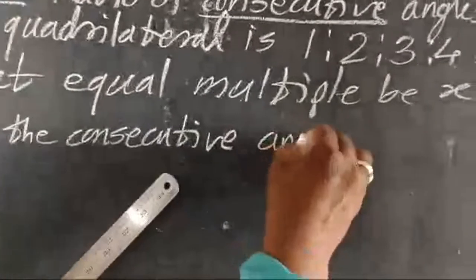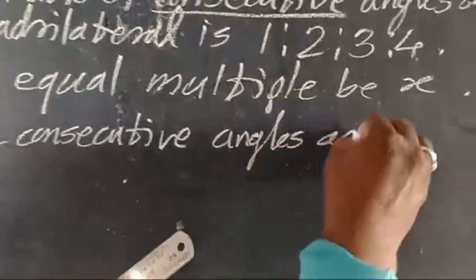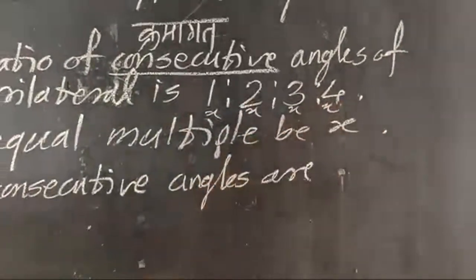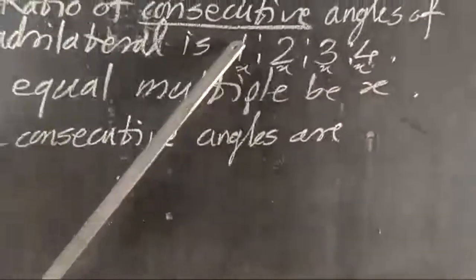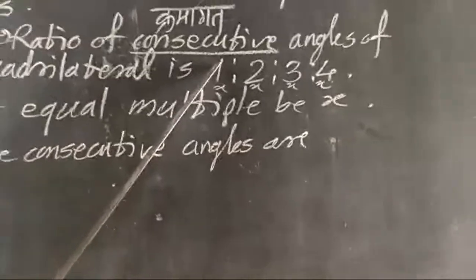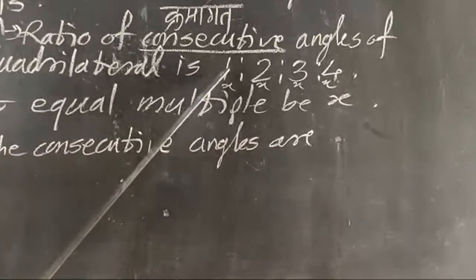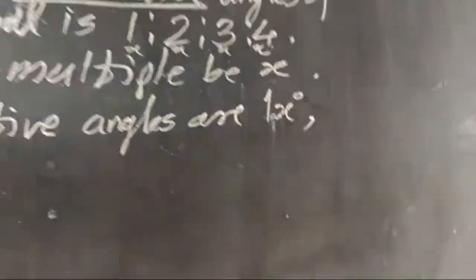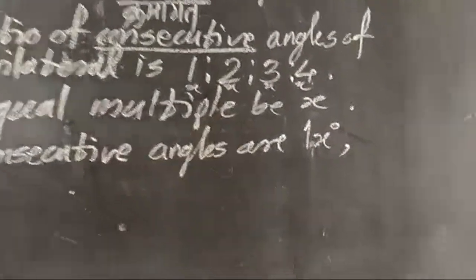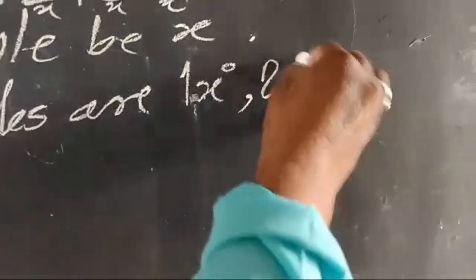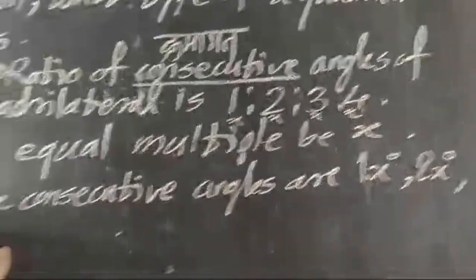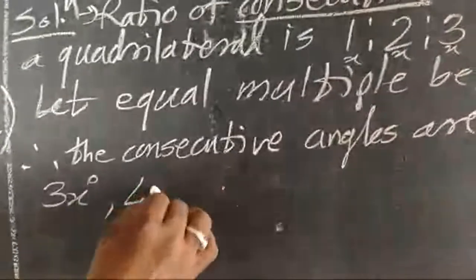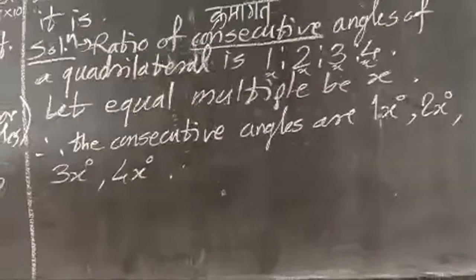Consecutive angles are x multiplied to each ratio. 1 into x, 1x degree. 2 into x, 2x degree. 3 into x, 3x degree. And 4 into x, 4x degree.